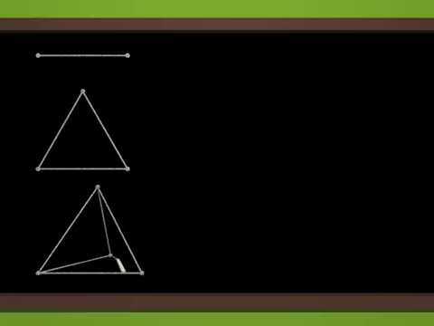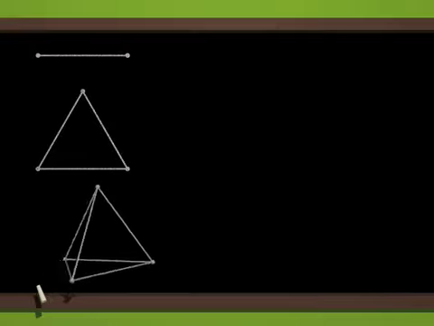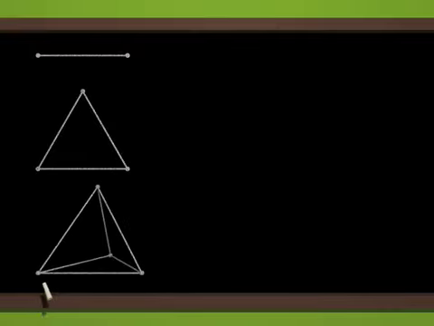Our magical blackboard enables us to draw in space. How can we keep this up in four dimensions? Observe that the segment, the triangle, and the tetrahedron have 2, 3, and 4 vertices, respectively. Therefore, we can try to continue with 5 vertices.